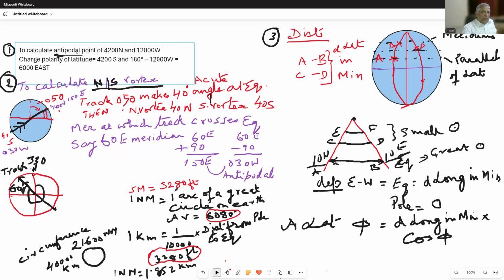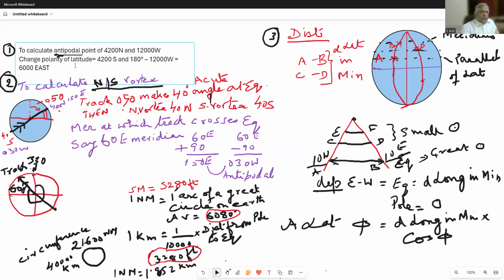Antipodal point is a diametrically opposite point of any point on the surface of the earth. Which means if you start from that place, start digging through the earth, go through the center of the earth, and in a straight line come out at the other end of the earth, that place is called your diametrically opposite or an antipodal point.